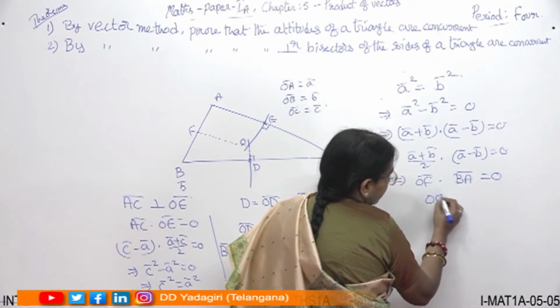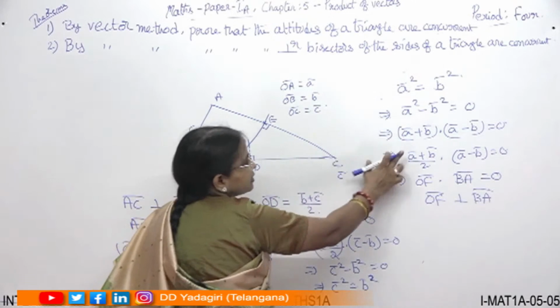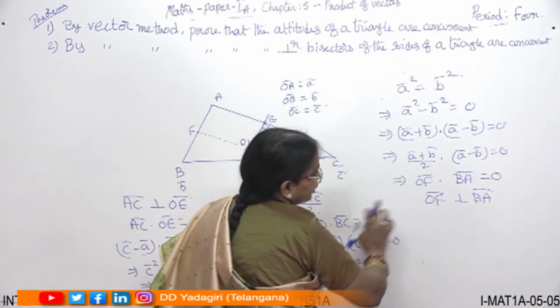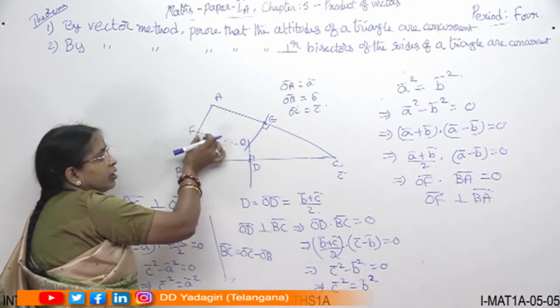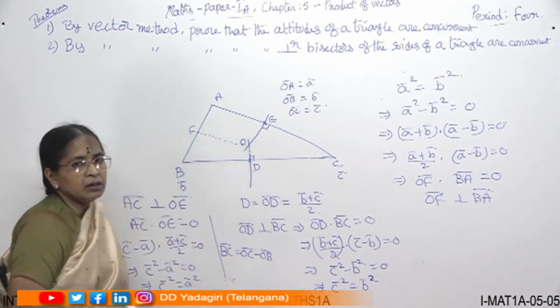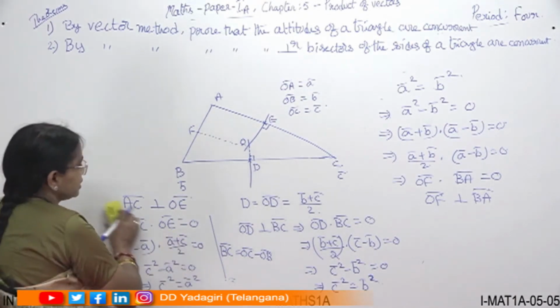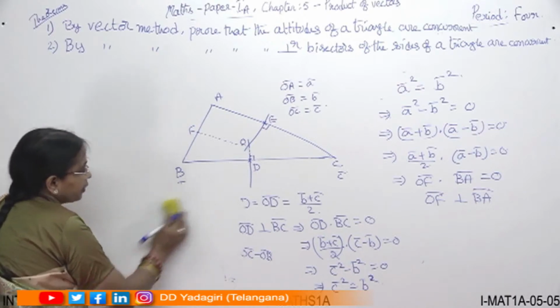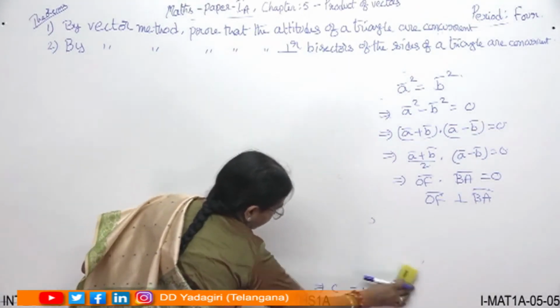So OF is perpendicular to BA. F is the midpoint, A plus B by 2. So that means the perpendicular bisector of AB also passes through O. So all the three are concurrent at O. So like this we prove this property by vector method. Now we'll write everything in detail again.